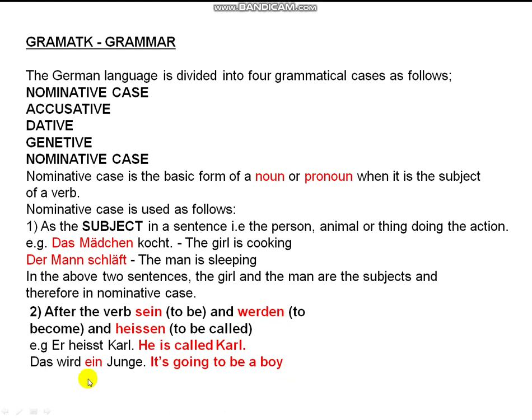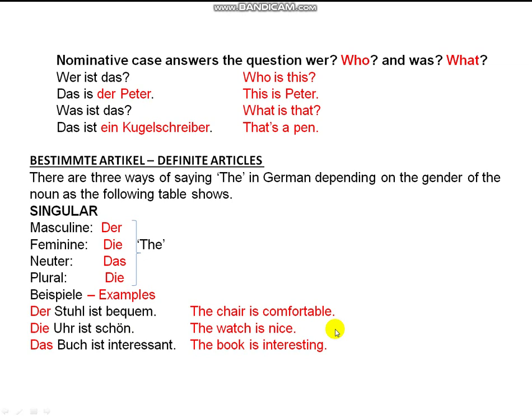Remember last time we learned about conjugation, or you can go back to my video on conjugation of verbs and you'll learn some more.